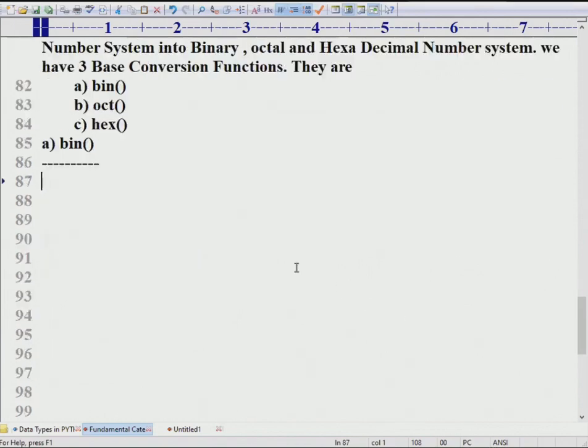I told you the syntax already: variable name is equal to bin of value. I will say decimal number system value. If I write just decimal, you will get a big doubt, because a decimal value means one which contains fractions. That's why let me write it clearly: decimal number system data.